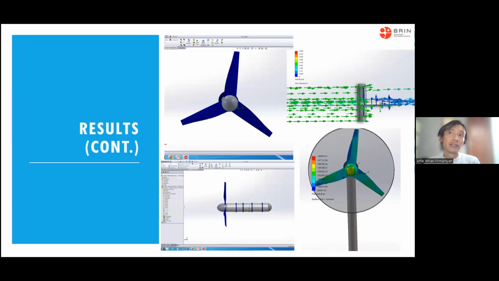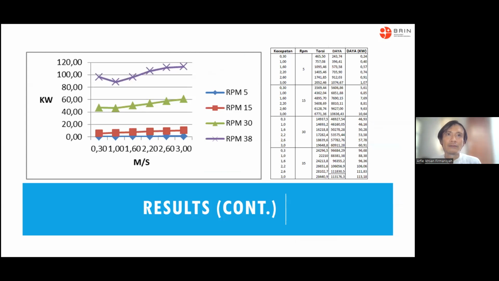After the geometry has been created, the simulation using CFD has started. On the slide, on the left is the geometry of the blade, and the right side is the trajectory of ocean velocity, showing the flow trajectory and the pressure value on the blade. This slide shows the variation of the simulation at different ocean current speeds and RPM.